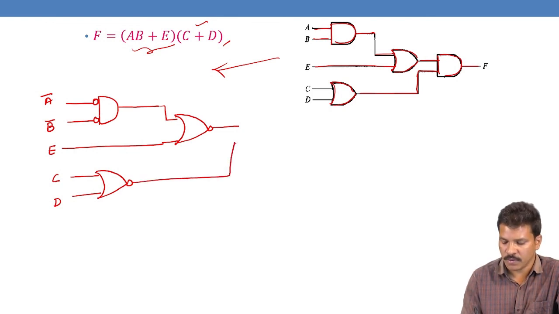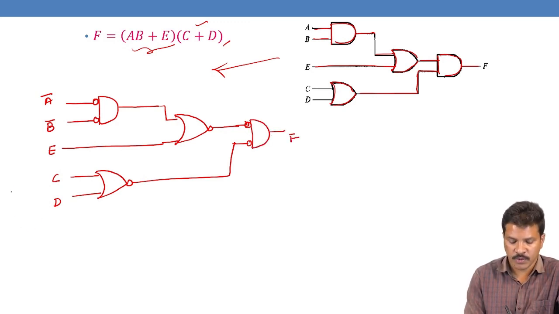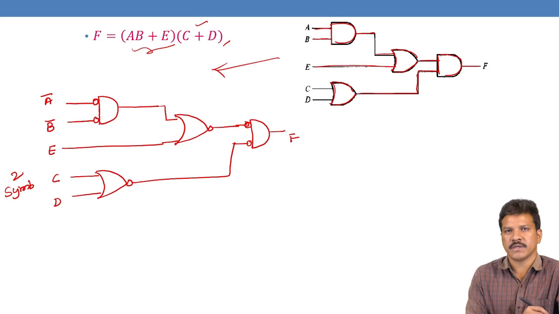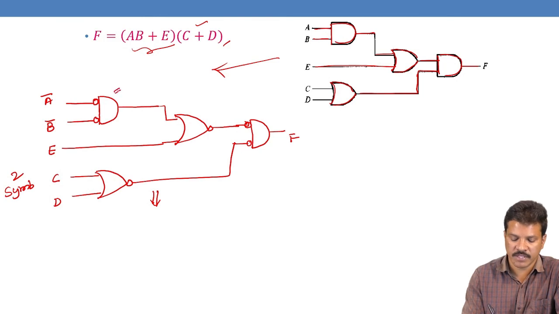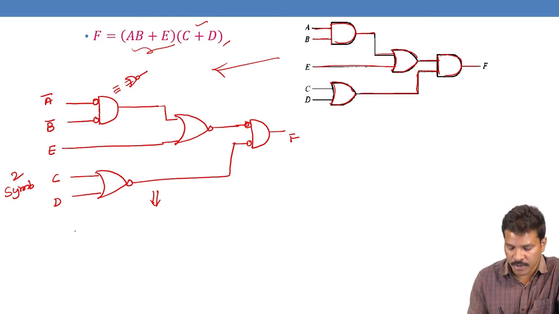This one is connected to the bubbled AND gate, and you will get F. This diagram is now converted: wherever an AND with bubble appears, replace it with an OR gate, which is equal to this diagram, which is equal to a two-input NOR gate. So take A bar, B bar, and replace that diagram with a simple NOR gate.